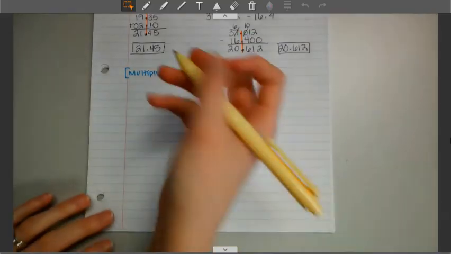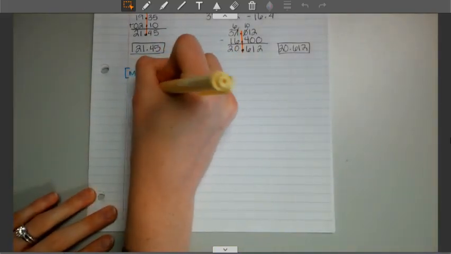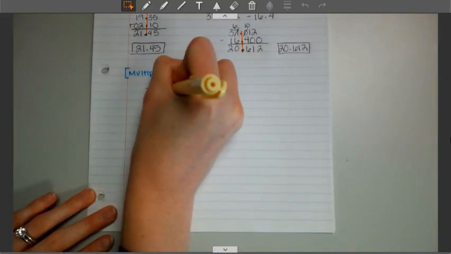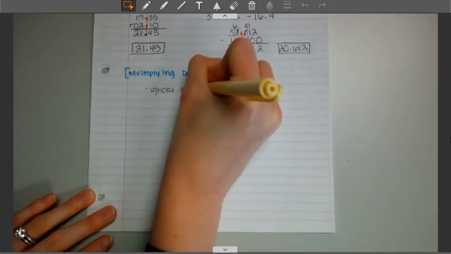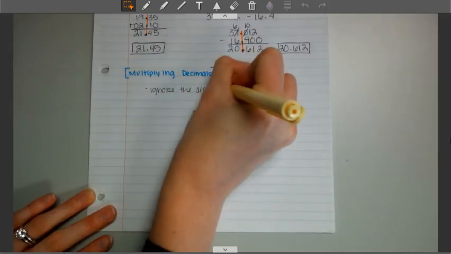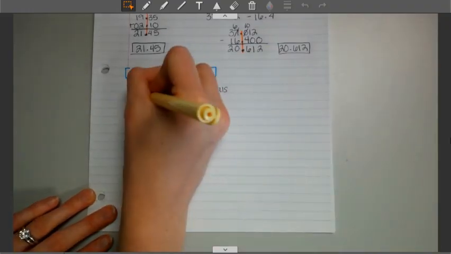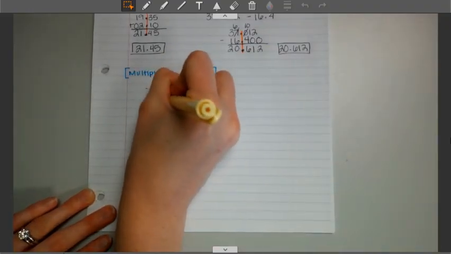When multiplying decimals, you are going to ignore the decimals. You're going to start out by ignoring them. Then you are going to multiply like normal.